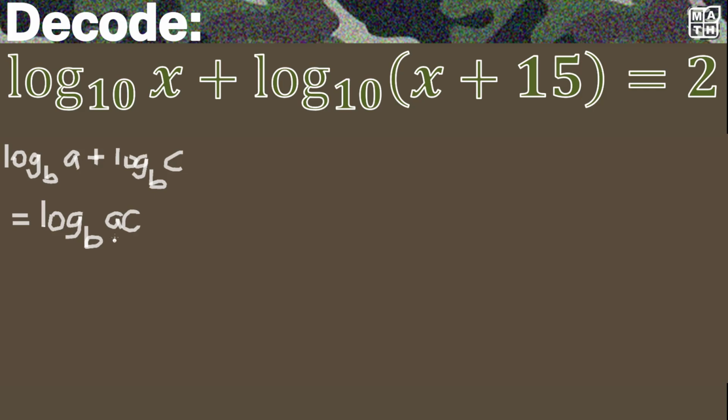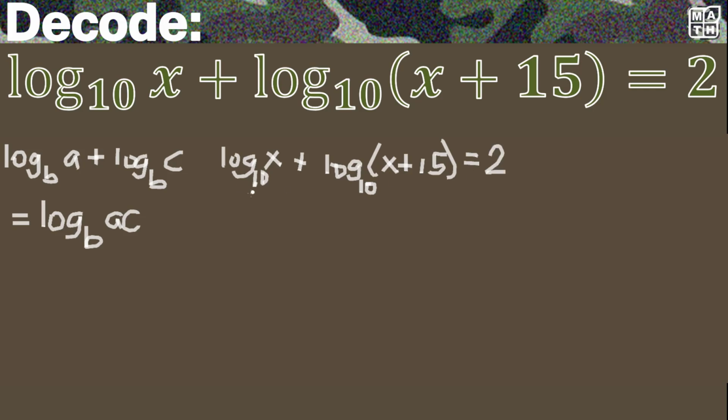Again, you can combine them into one, but we will not be adding a and c, okay? We will be multiplying them. So this is one of the most important properties when we deal with an equation like this. In short, if I'm going to rewrite it here, the logarithm of x to the base 10 plus another logarithm of the quantity x plus 15 to the same base 10 is equal to 2.